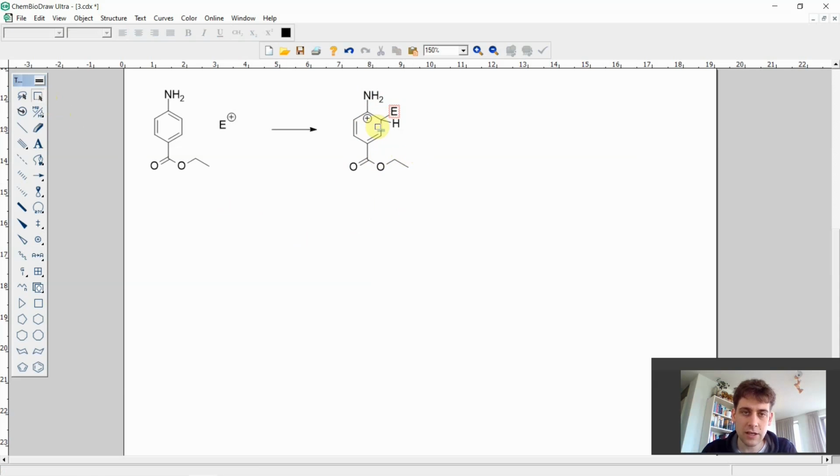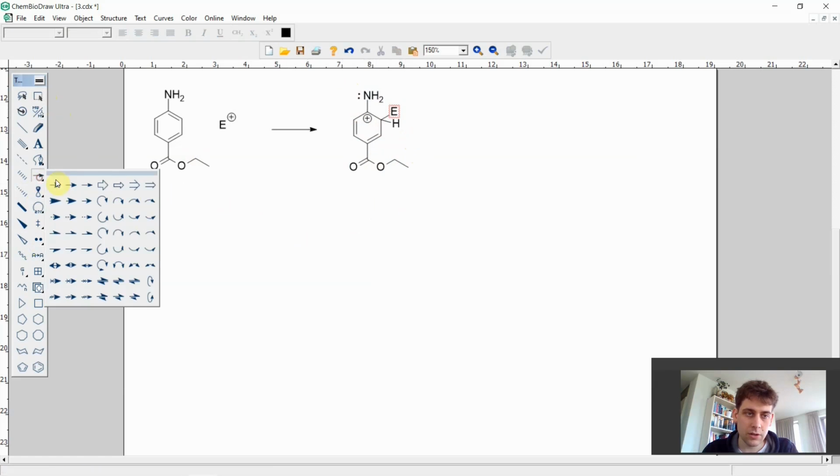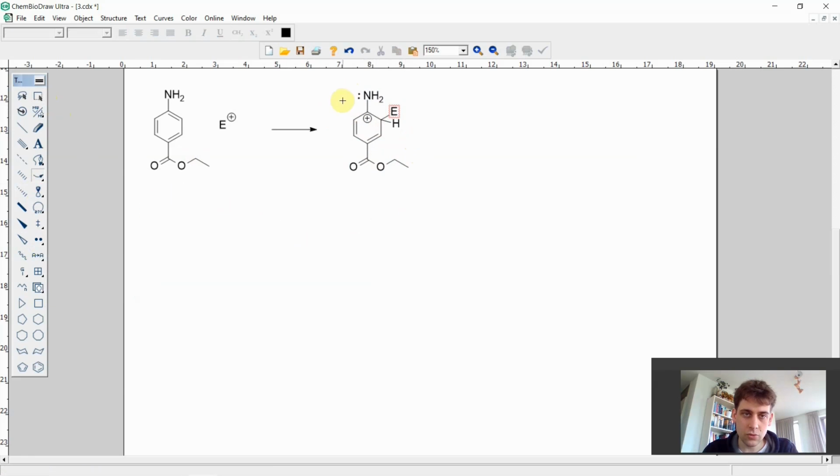And what we can see now is that this carbocation can actually be stabilized by the amino group, because the amino group, if I just add that here, has a lone pair, and this can now be used to stabilize this positive charge by delocalizing it onto the nitrogen atom, by moving the lone pair at the nitrogen onto the carbon-nitrogen bond.